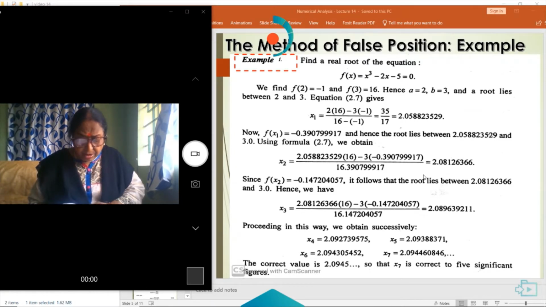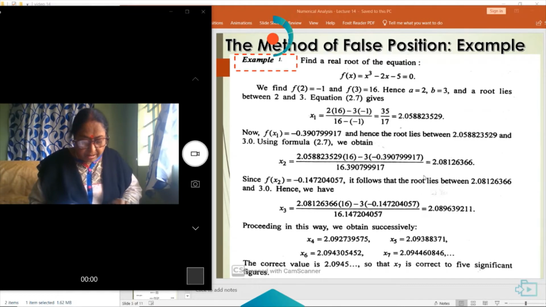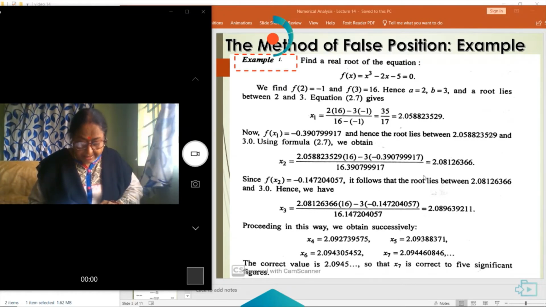Similarly, using the formula we find x2, and fx2 is again negative. It follows that the root lies between 2.08 and 3. We are shifting our position from more negative to closer to where the root lies.